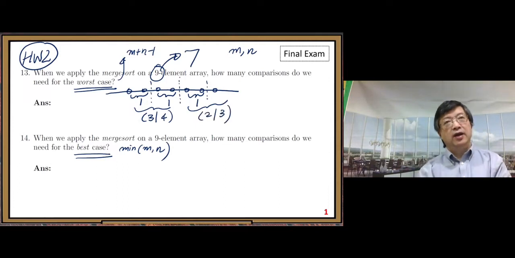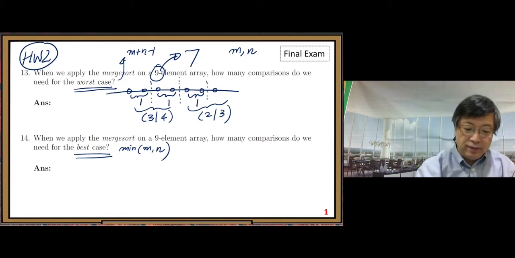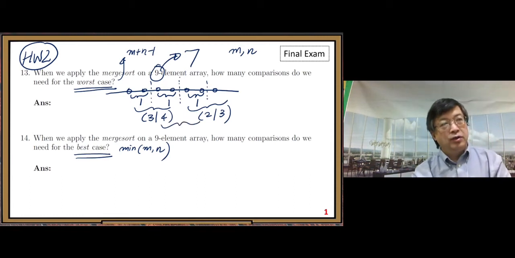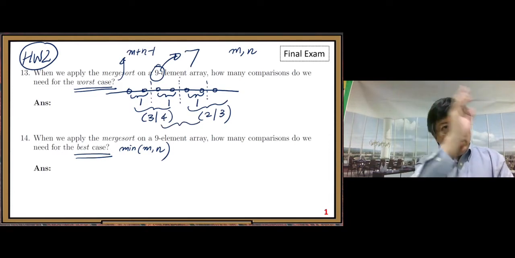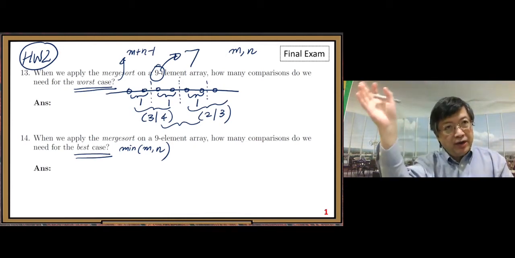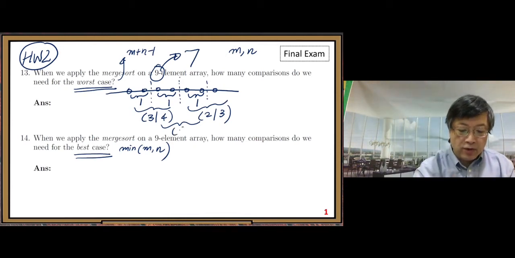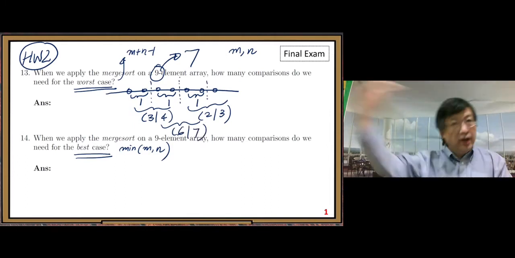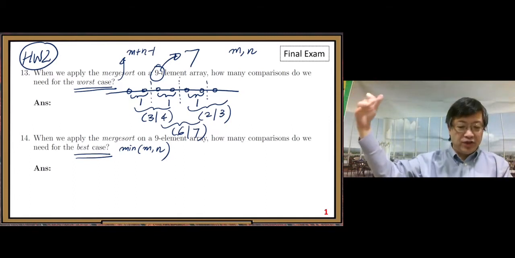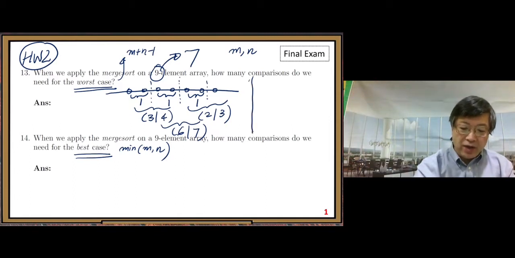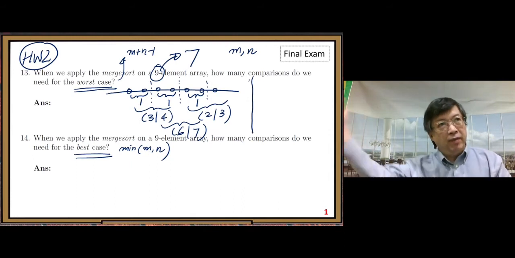Now, the last round of merge operation. Worst case, total number of elements minus 1: 7 elements minus 1, so 6. 6 vertical bar 7. So we get all the elements sorted, and we stop. Now we need to calculate the total number of comparisons.